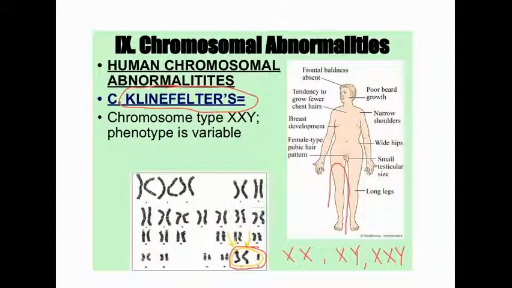You get the long, slender legs like a female. You get more of the wider female hips, not the narrow male hips. Narrow shoulders like a female. You do have small male genitalia. You get the male pattern baldness. So basically, it's kind of a combination of male and female traits.